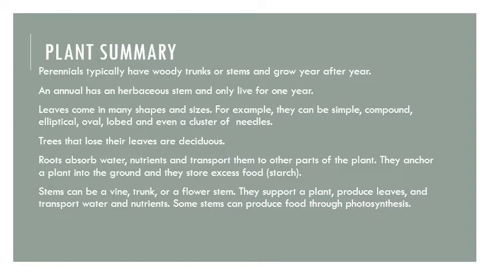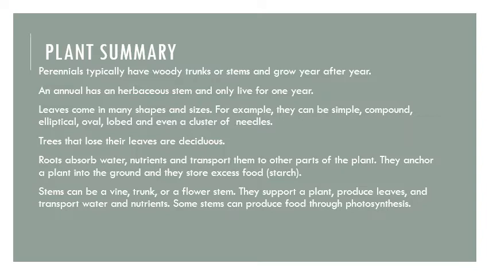So here's kind of a summary of plants. You have a few reading pages that go with this, but this is kind of what I want you to take away from it. So perennials, they typically have a woody trunk or stem, and they grow year after year. So if your mom goes to Lowe's, she might look at the tag and see if it's a perennial or annual. I love a perennial because you plant it once and it comes back year after year.